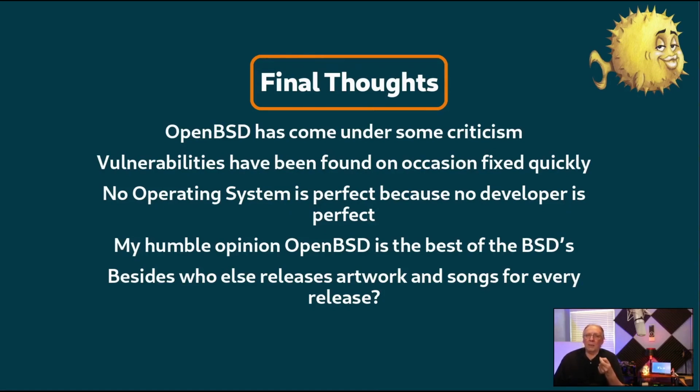But OpenBSD was the first one to jump on and fix it. I don't know how long it took FreeBSD, but it was longer than a day, and it was longer than a month, just because I don't know how their release cycles work, but they were very slow in getting the patch out, whereas OpenBSD was not.